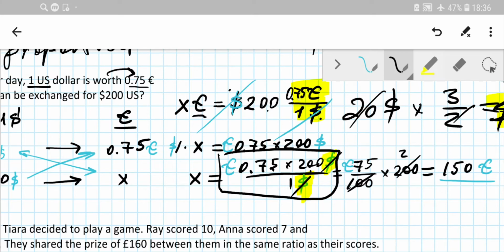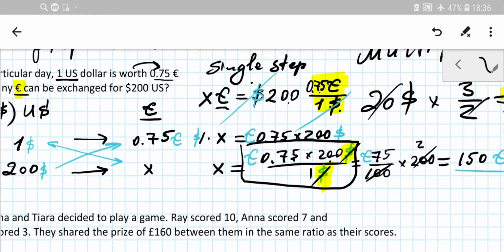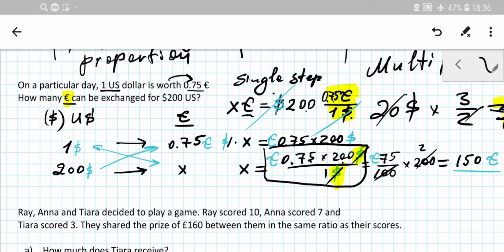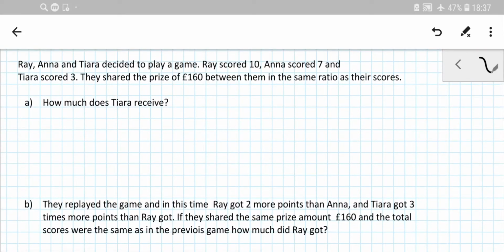So 200 times 0.75. That means you're on the right way. So this is a single step approach using a multiplier. Okay, that's the single step. But here, keep track of units because they are significant for this task. All right, so let's move next.